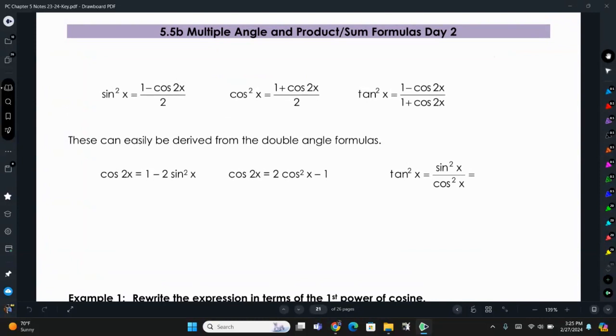We have to square root everything on both sides of the equation, and that can make things more confusing, more difficult. So instead, we have what are called these power reducing formulas. And these are also on our cards, our green sheet, but I also have them up here for our reference.